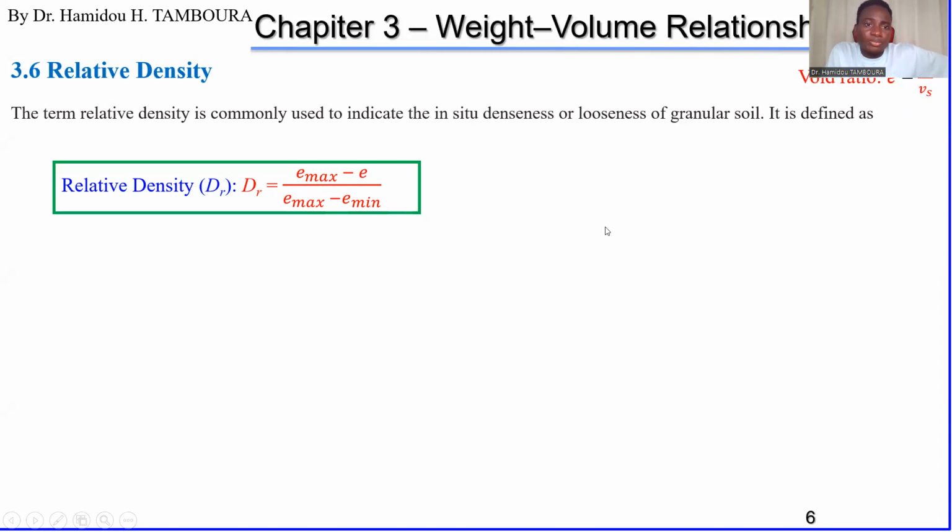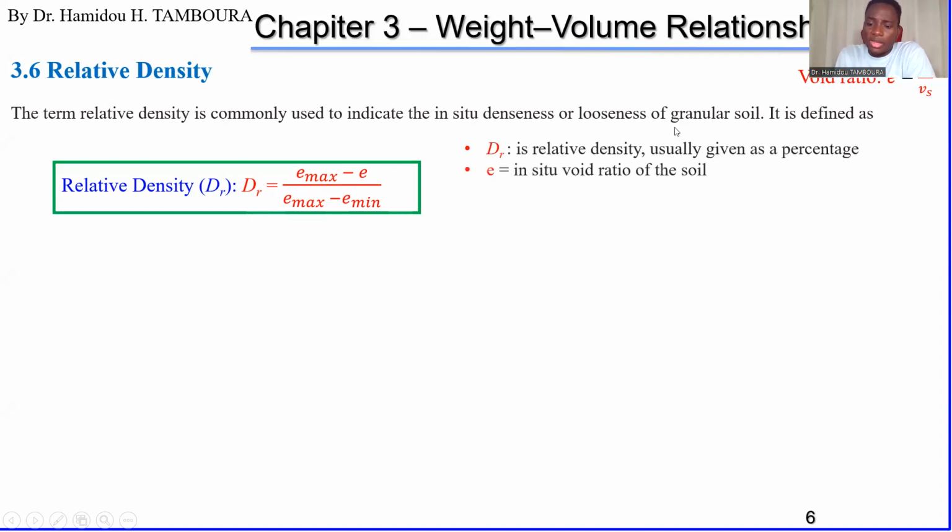In this formula, Dr is of course the relative density itself, given usually as a percentage, and e is the in situ void ratio of the soil.